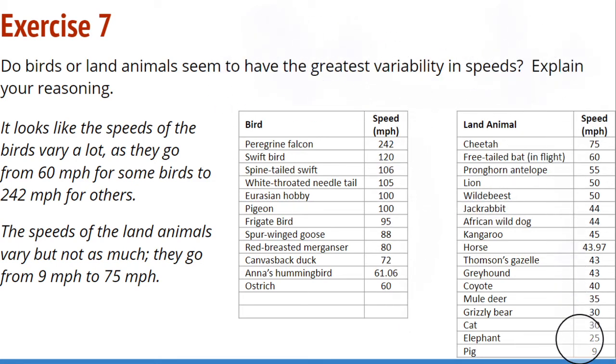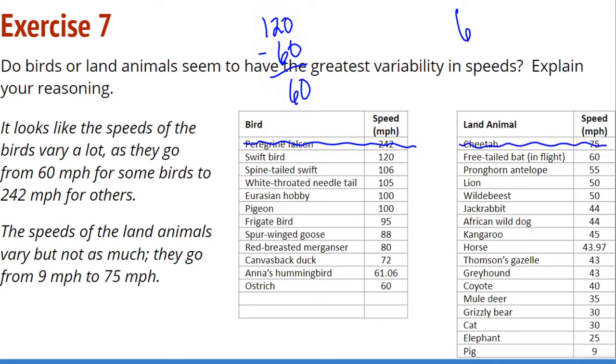Now it is interesting to perhaps remove the peregrine falcon from this conversation. And now we've got 120, and we take away 60, and we've got a range of about 60. And let's just, for comparison, take off the cheetah here, and we've got 60 down to 9, and we've got a range of 51.